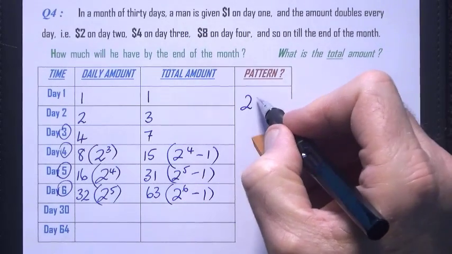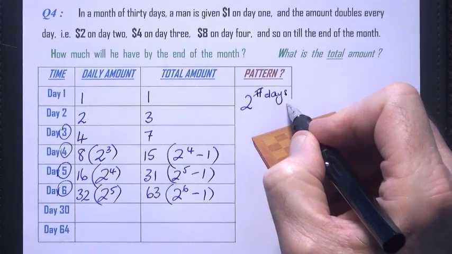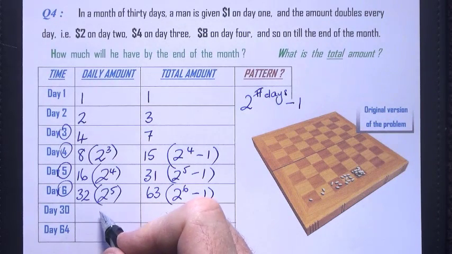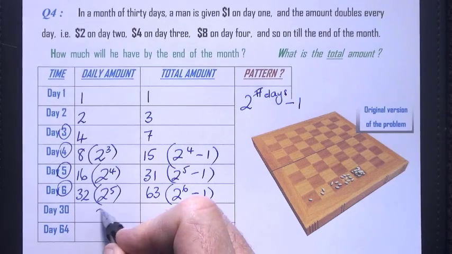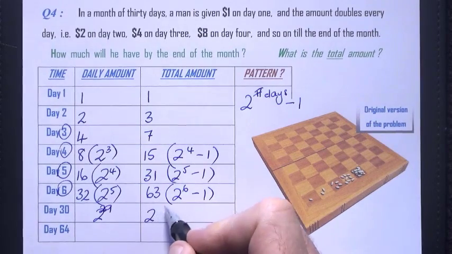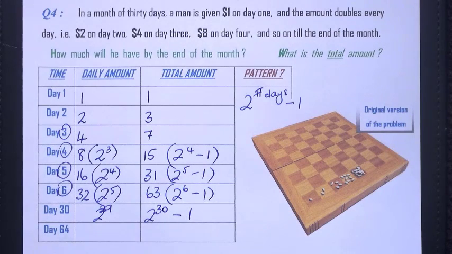It's 2 to the number of days minus 1. So on day 30, the man would receive 2 to the 29th power, and his total amount would be 2 to the 30th power minus 1.